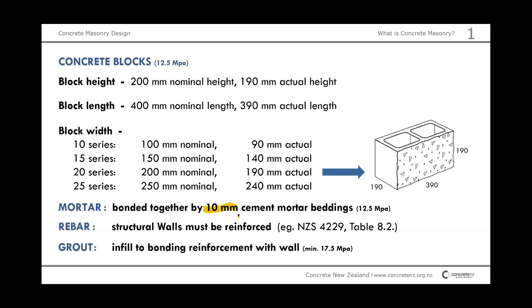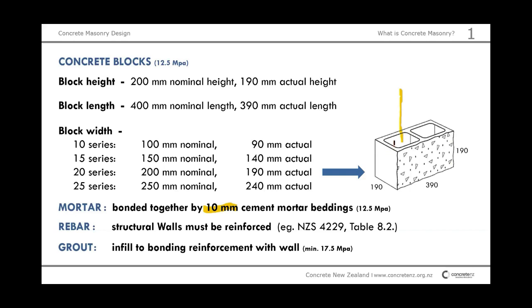Then, unlike in Germany, where I'm from, as you can hear by my beautiful accent, structural steel is required. In Germany, we don't need that. We just put one block on top of the next, bonding together with mortar, but we don't need rebar. We need rebar here in New Zealand because of the earthquakes.